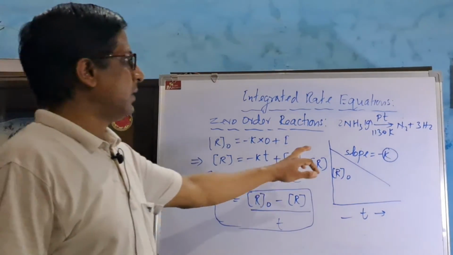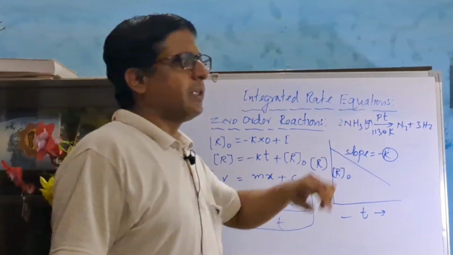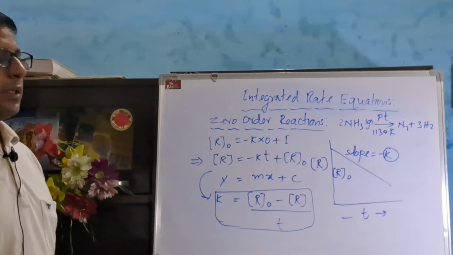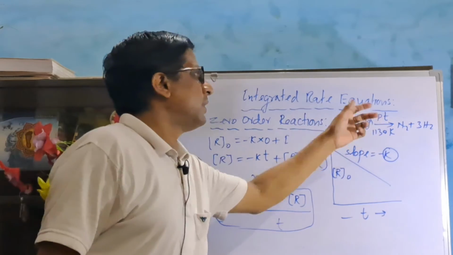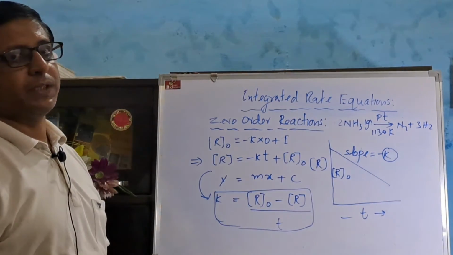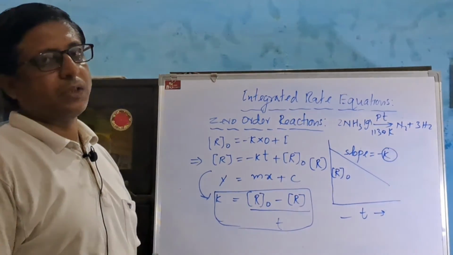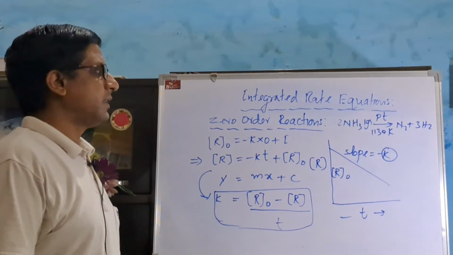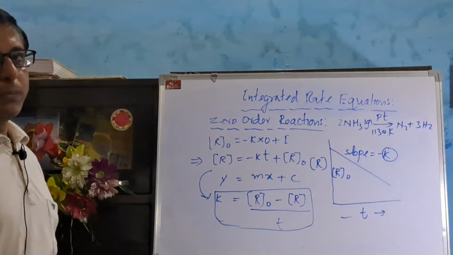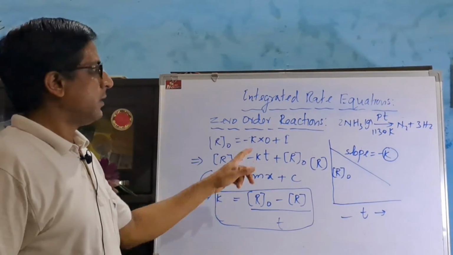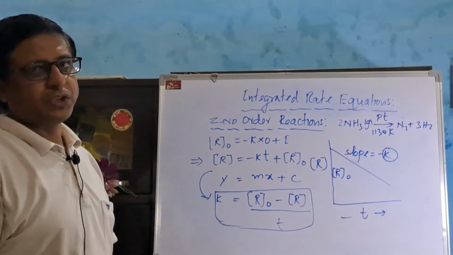In this reaction, the reaction rate does not depend upon the concentration of ammonia. The ammonia at high temperature gets saturated on the platinum surface, therefore the change in reaction conditions does not affect the reaction rate. Some enzyme catalyzed reactions are also examples of zero order reactions.